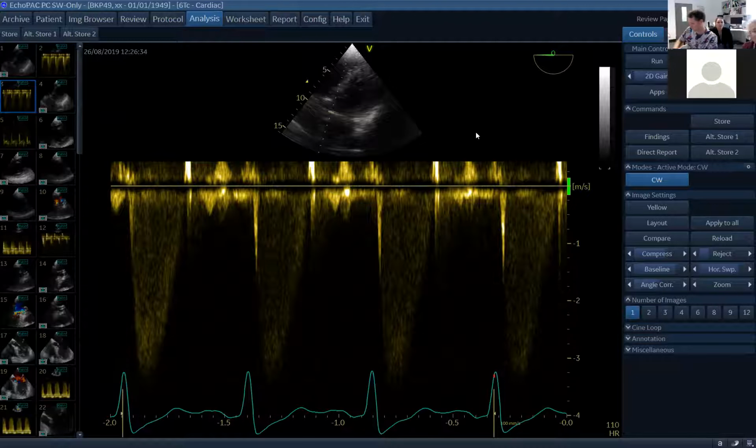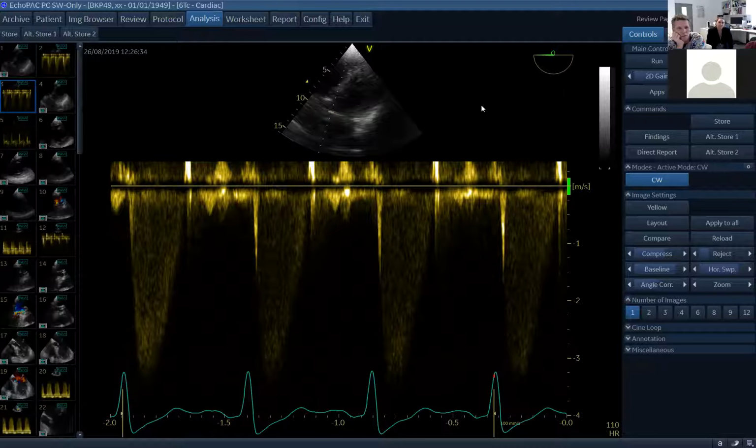So if it's continuous wave, it could be anywhere along the line that has the increased velocity. So it could be dynamic LVOT obstruction, or it could be subvalvular stenosis, or it could be a narrowing of the aorta after it passes through the valve. No, it doesn't really tell you where it is.